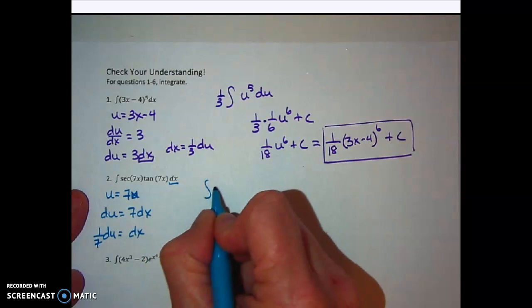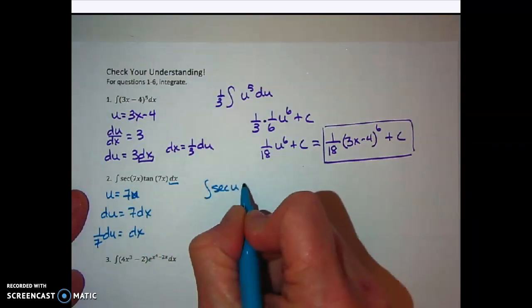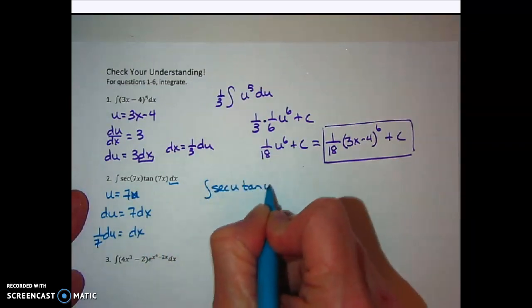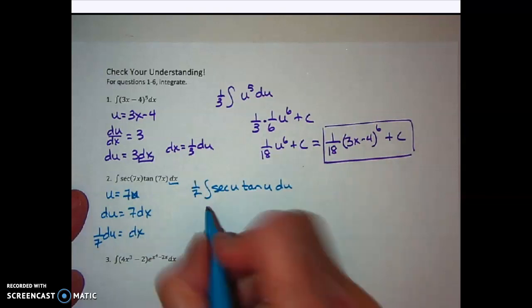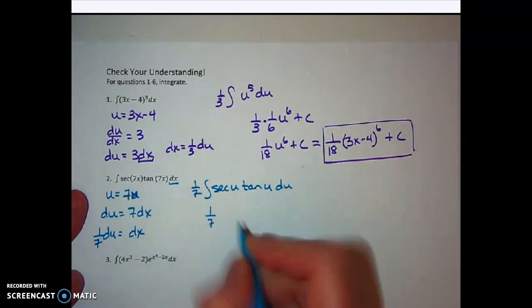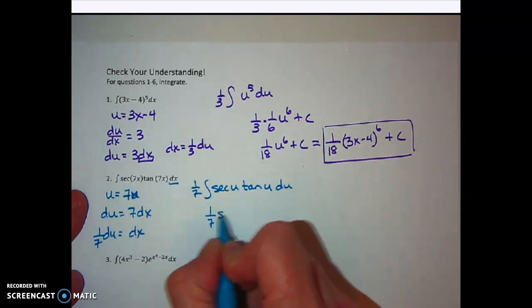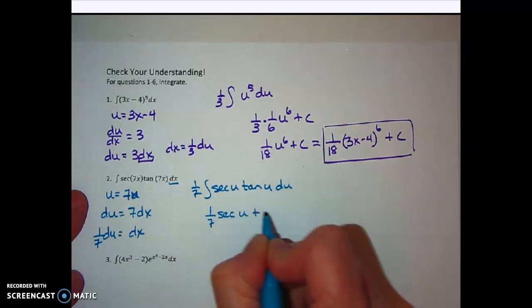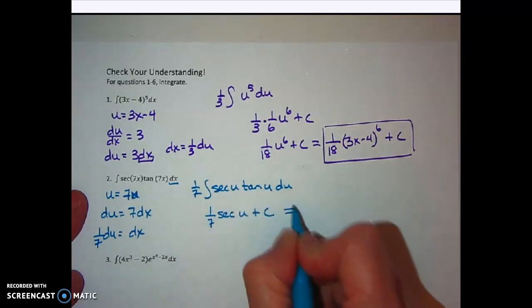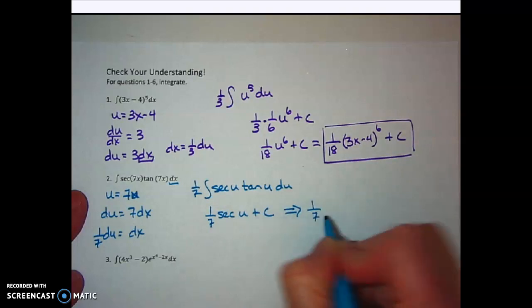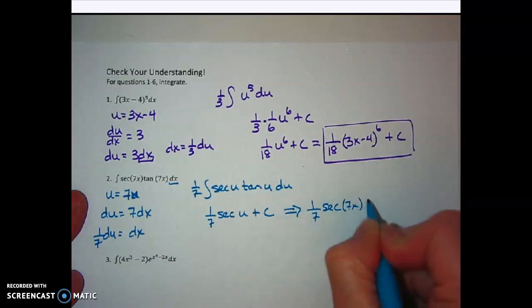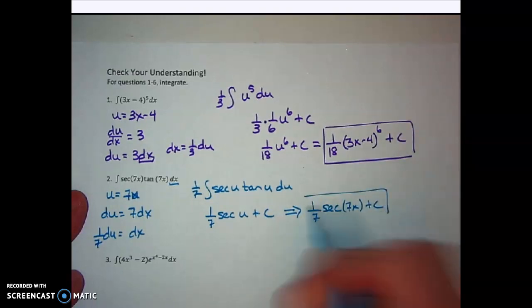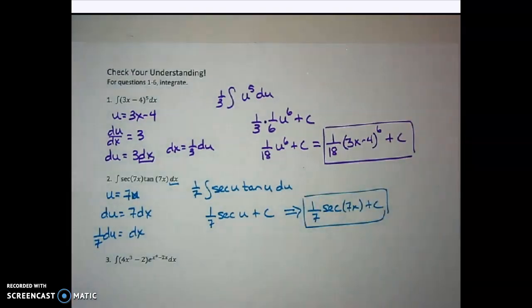So the integral of secant u tangent u, and then my dx is going to be 1/7 du. The integral of the secant tangent is just going to be the secant u plus c. And now I'm going to do my substitution. So I'm back in terms of my x. And this would be your final answer.